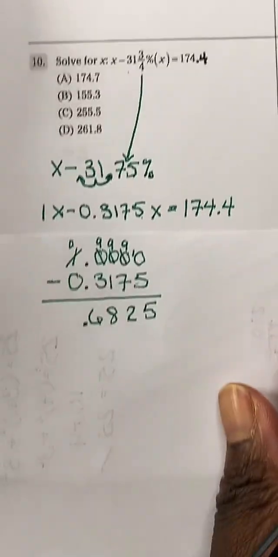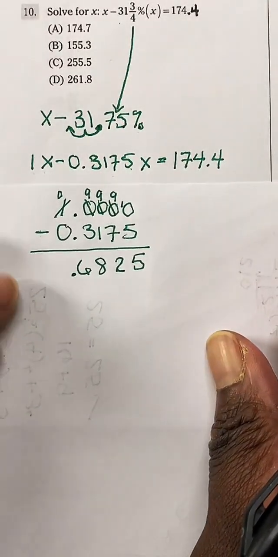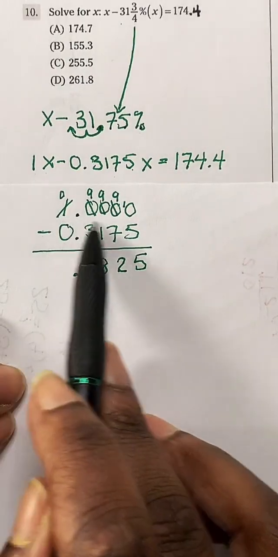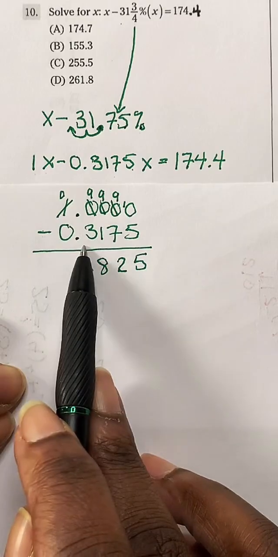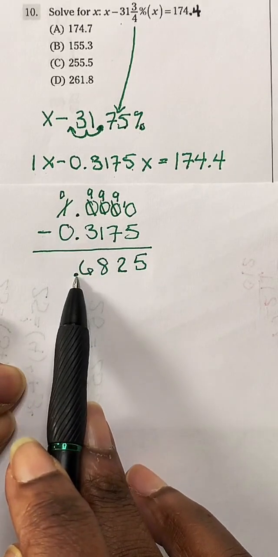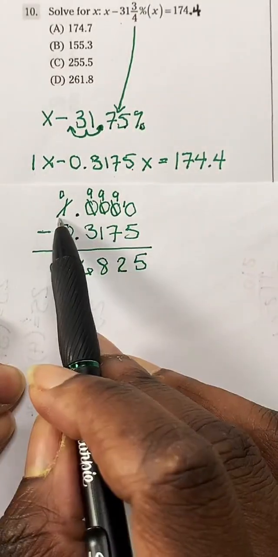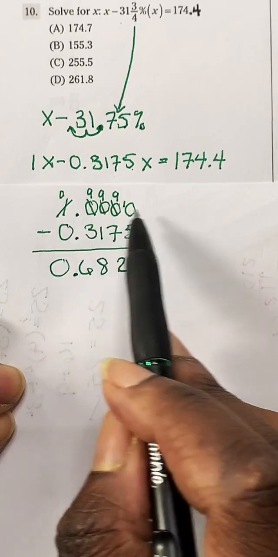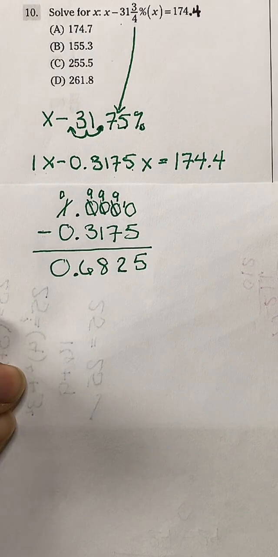So in order for me to subtract those two, I had to write it out. I got my whole number of 1 minus my decimal. So my decimal points have to line up. So now I need to borrow. If I'm going to borrow from the 1, this needs to be a 10, and all these will be 9s, except for that one.